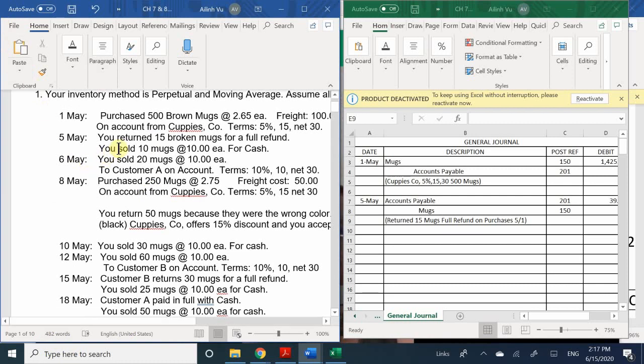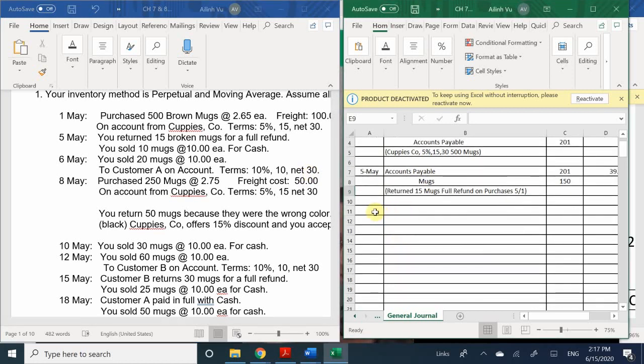Okay, so we sold 10 mugs at $10 each for cash. All right. So let me see. My journal should be 5th of May. Okay. So what is this transaction? Mugs and sales tax. Not mugs. You don't want to debit mugs. We're not receiving mugs. What are we receiving? Cash.